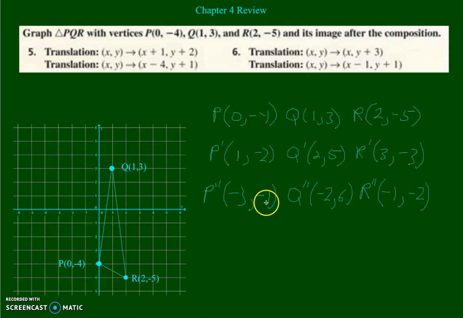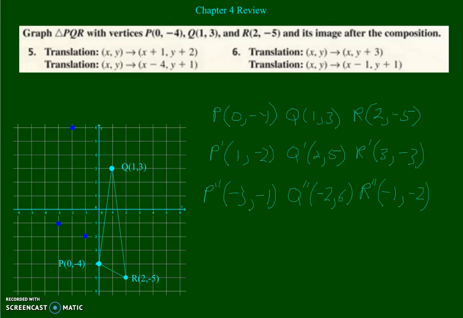So -3, -1 is our first point. So there's our first point. -2, 6 is way up here. And -1, -2.